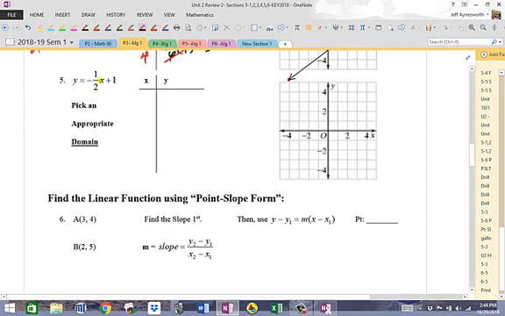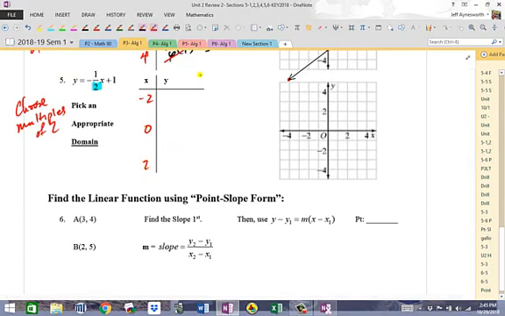Now here I see the denominator 2, so I would choose multiples of 2. So -2, 0, and 2. So here we go, -1/2 times -2 plus 1.